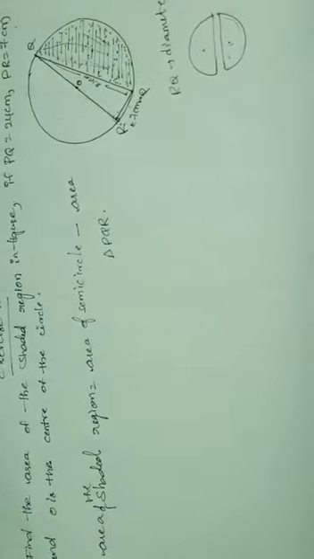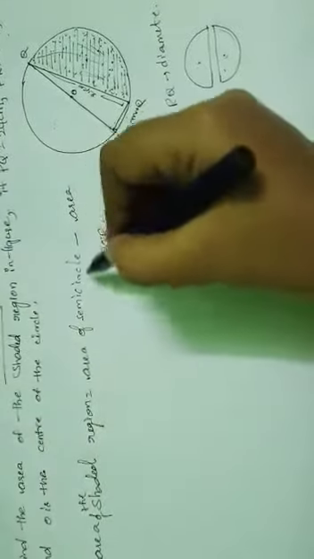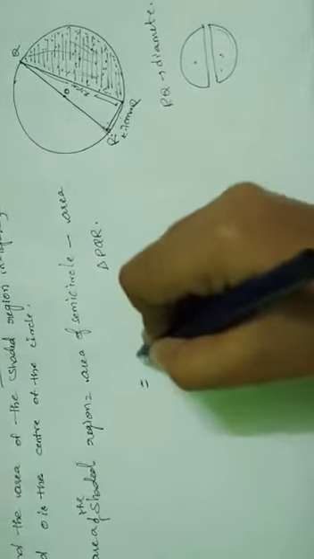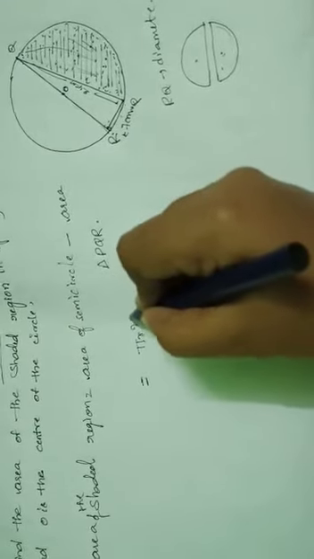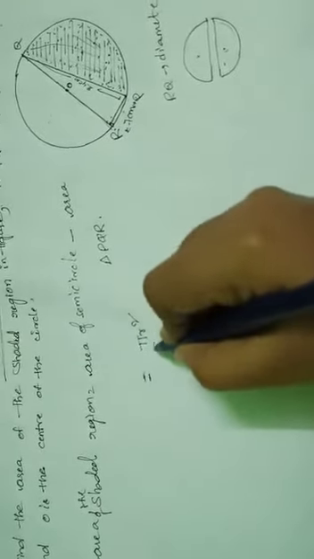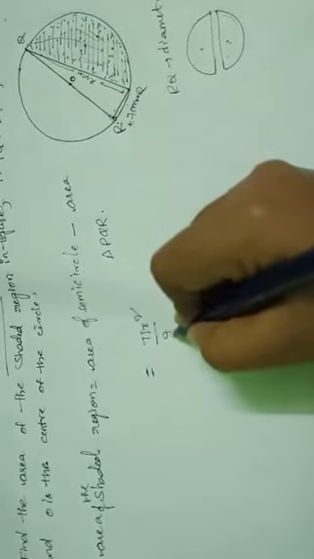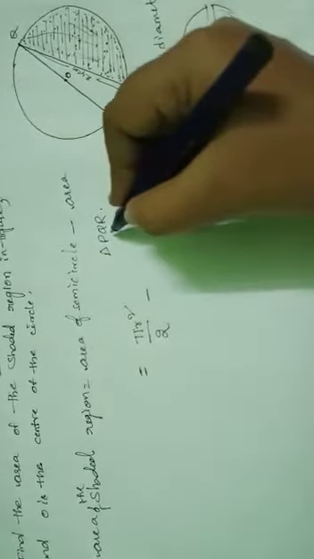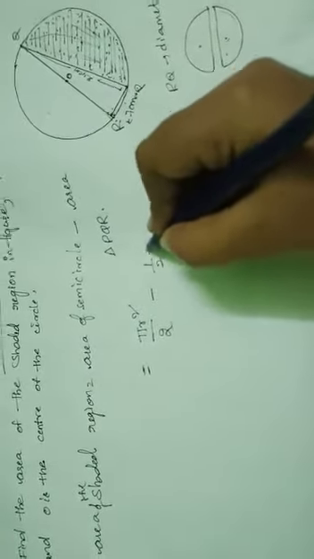Clear? What is the area of the semicircle? The area of the circle is pi r square. A semicircle means half of the circle, so pi r square by 2. The area of the triangle is half into base into height.